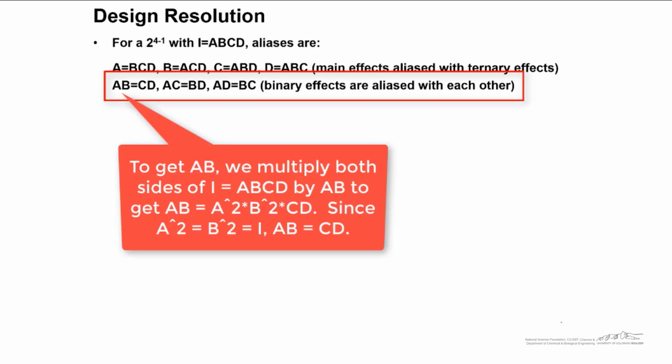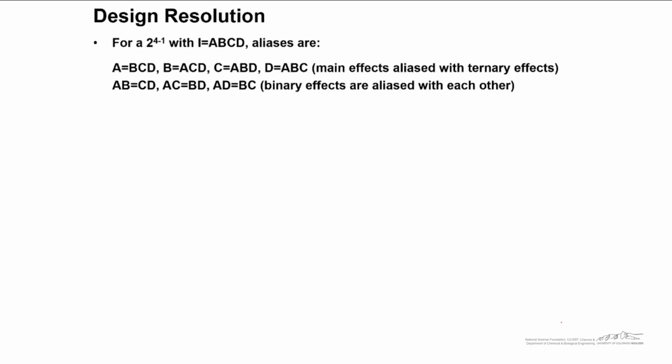If you want to calculate the binary effects, you just multiply the left side by whatever binary effect you want to find. So if you want to find AB, you can just multiply both sides. AB times AB is just I, and so we end up with AB equals CD. And so we can easily determine the aliasing structure using simple algebra.